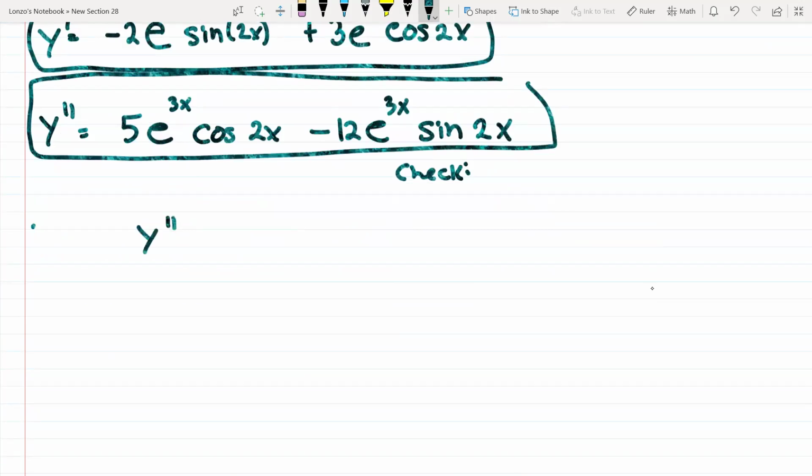It's y double prime minus 6y prime plus 13y equals 0.